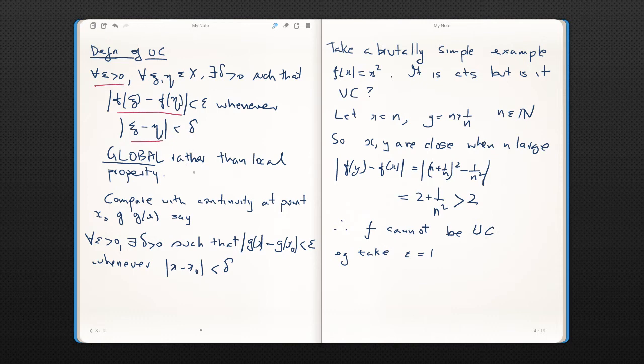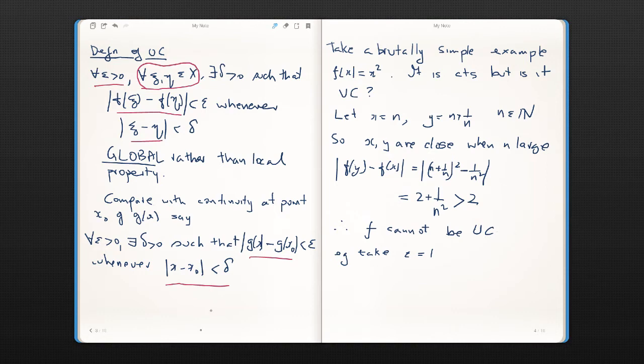So it's a global property rather than a local property, because we're looking at what's happening in a set rather than at a point. If we compare this with continuity at a point, what that says is that you take your epsilon greater than 0, then you come up with a delta such that the difference between these two things is small whenever the distance between x and x naught, the point at which you're doing the evaluation, is within delta of each other.